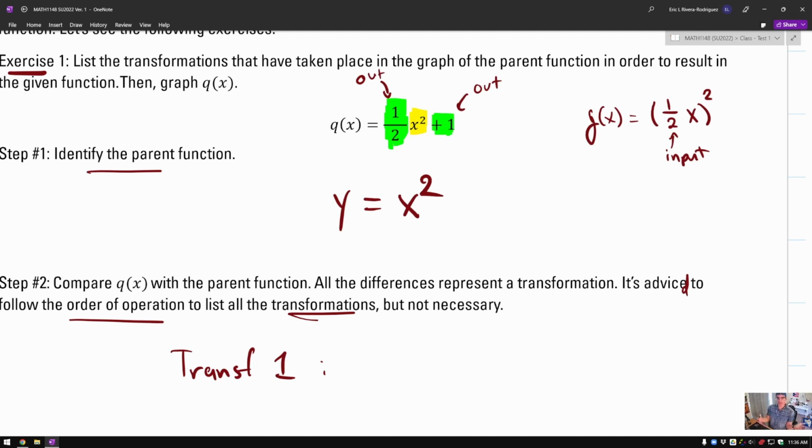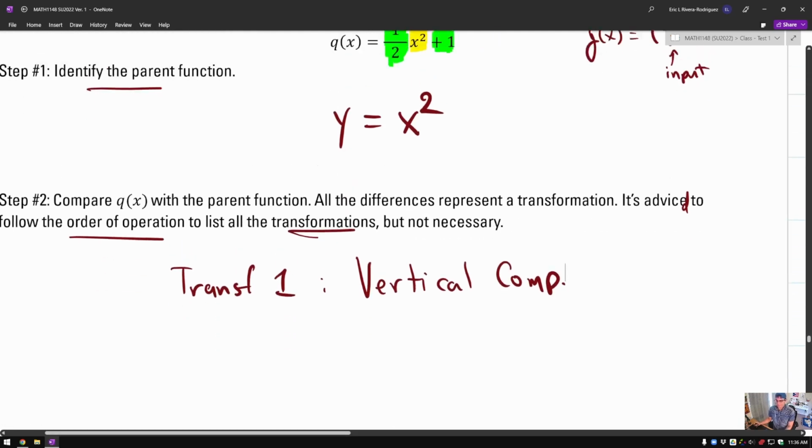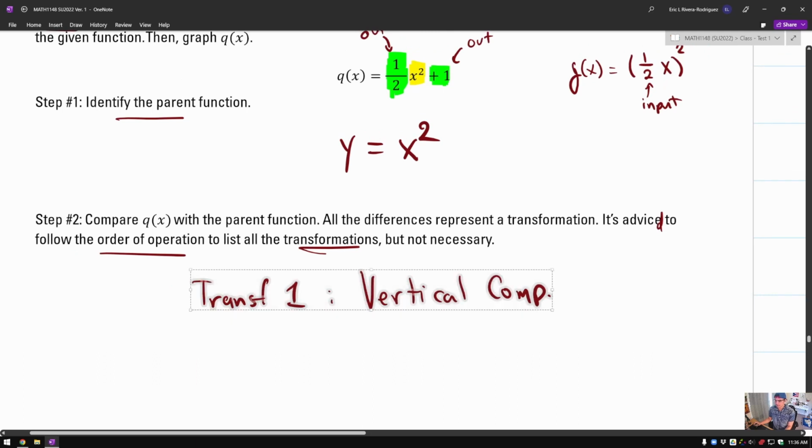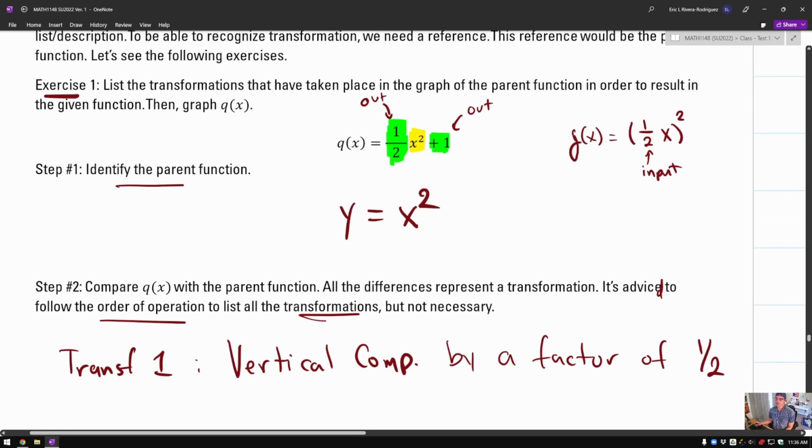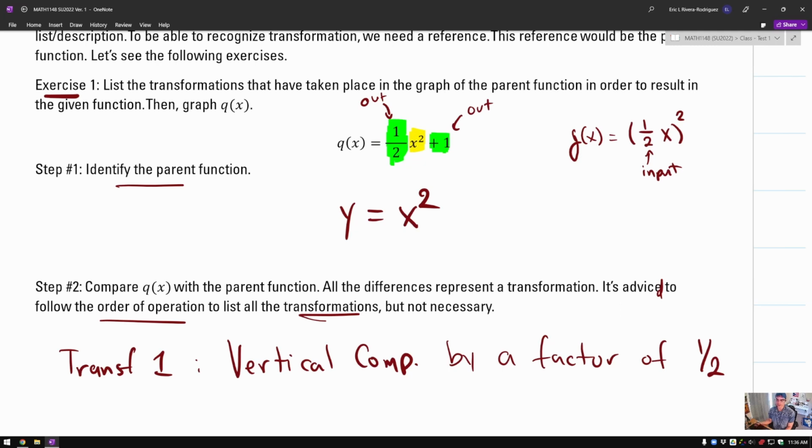So we have 1/2 times x squared. That is a vertical compression by a factor of 1/2. Okay? And that is because of this 1/2 in front of x squared.